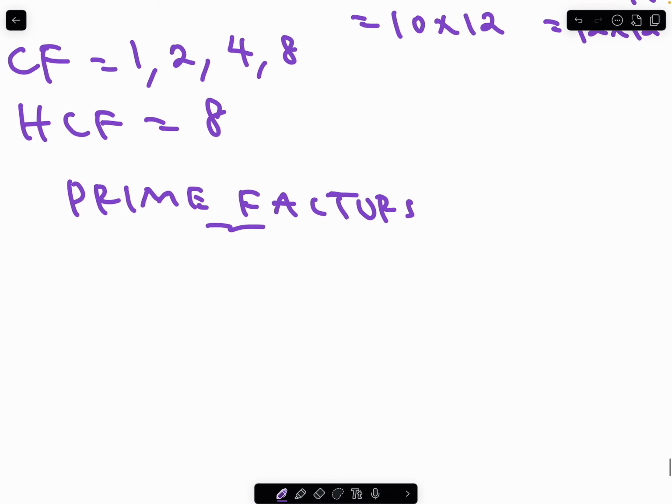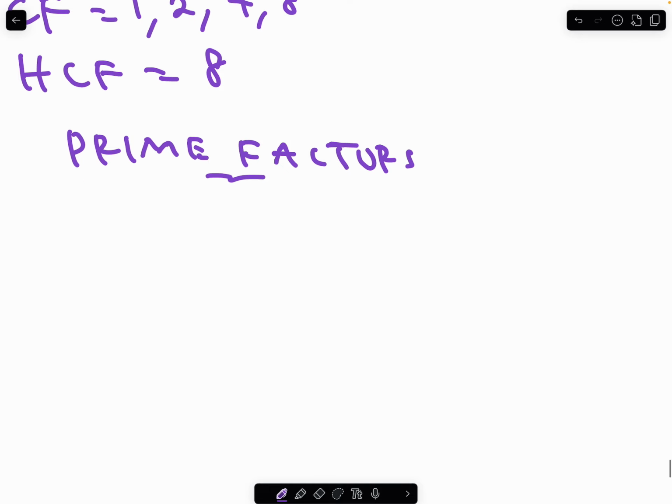Prime factors are factors that are prime. That's the meaning simply. And a prime number is a number which has only 2 factors, and those factors are the number itself and 1.